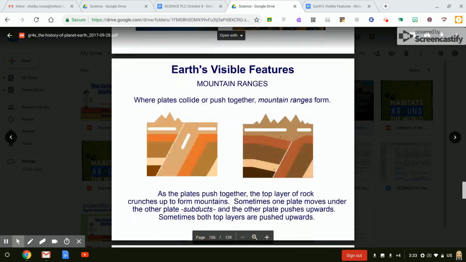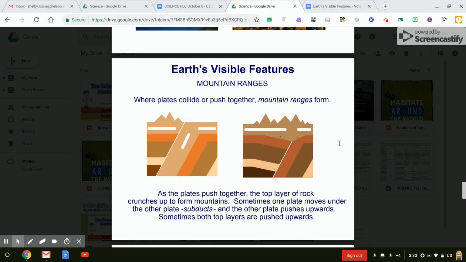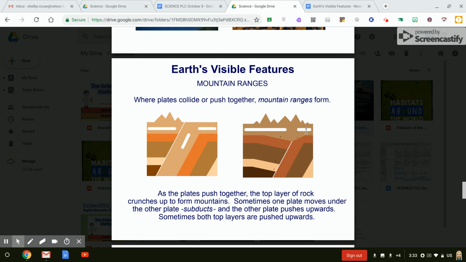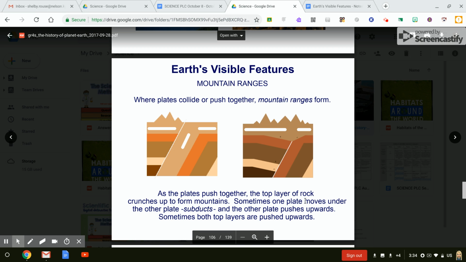Okay, so starting with mountain ranges, anytime plates collide, that means they bump into each other or push together, that's when a mountain range forms. You can see this from the model here. Anytime the plates come together, the land or the crust is bunched up and it pushes together and pushes up to form those mountains.